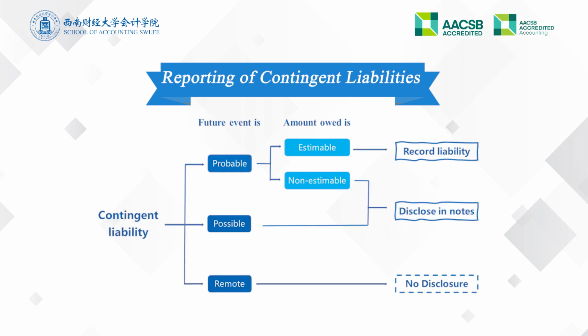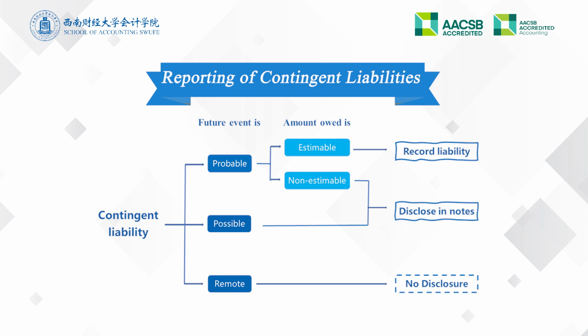This chart shows us how to account for contingent liabilities based on the likelihood of future events and the ability to estimate the amount of payment. A contingent liability is recorded only if the future event is probable and the amount owed is estimable.